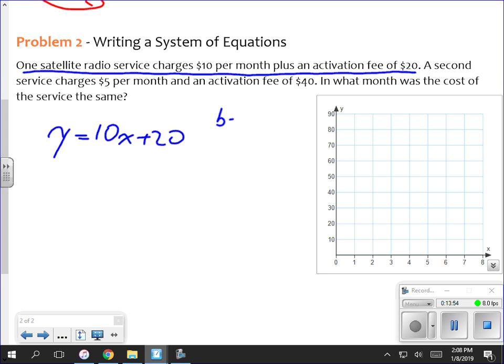my y-intercept is 20, my slope is 10, so I start here at 20, and for every one I go over, I go up 10. But it's not going over one box and up 10 boxes, because it's 1 over for each line, but 10 for each box here, so my line would look like this.